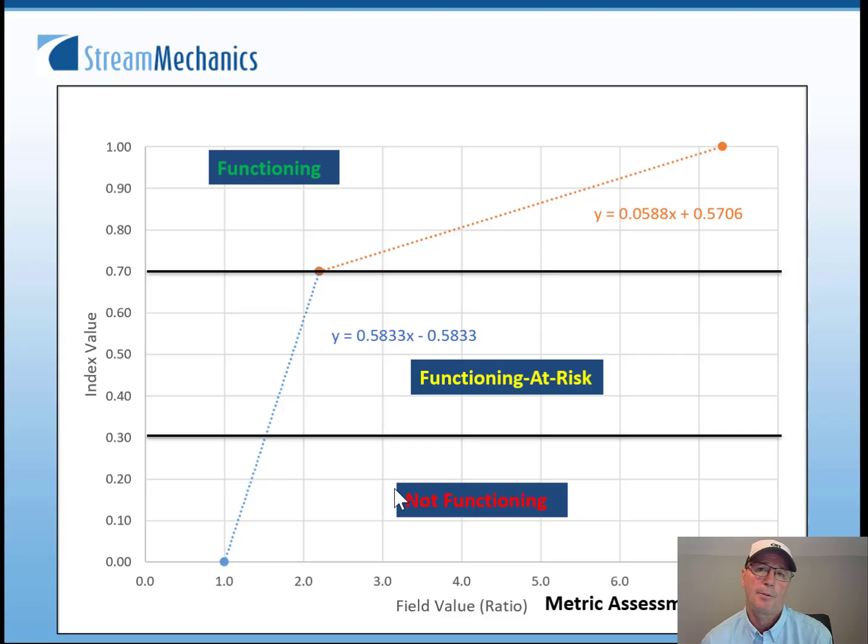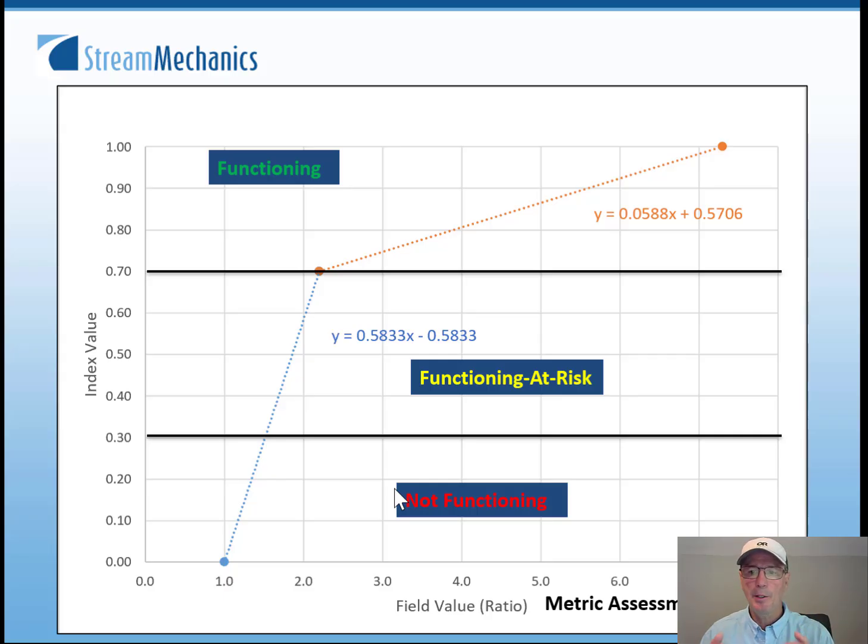We do have some metrics that are desktop. They're not all collected in the field. So in terms of thinking about what this x-axis is, it is however you are assessing that metric, that result. You could think of riparian vegetation as a function-based parameter. Riparian width is an example of a metric under that parameter.